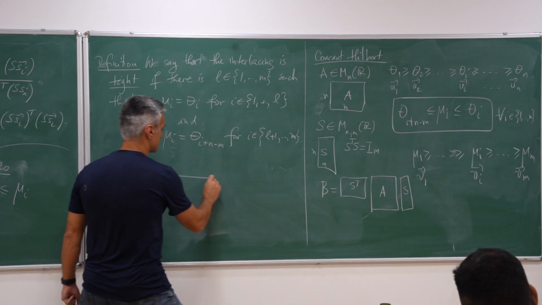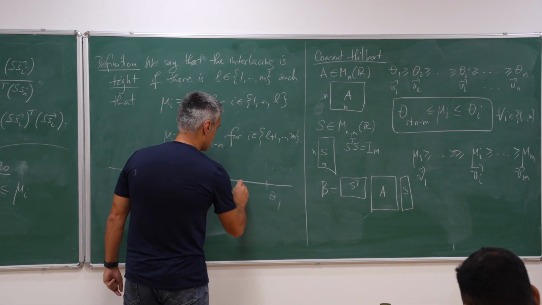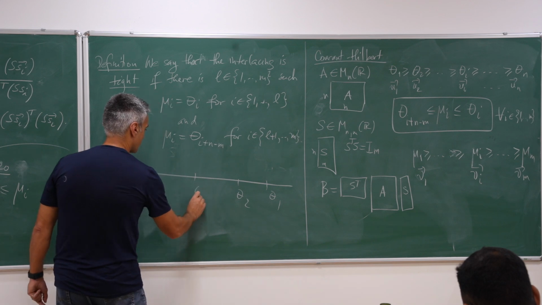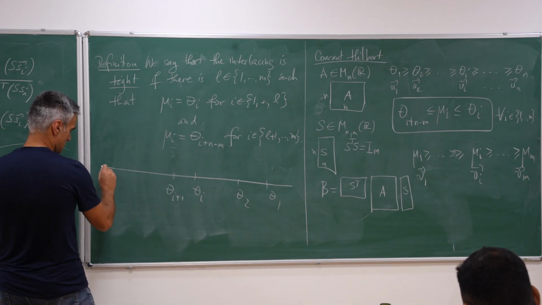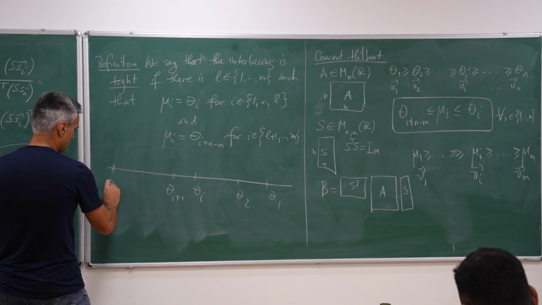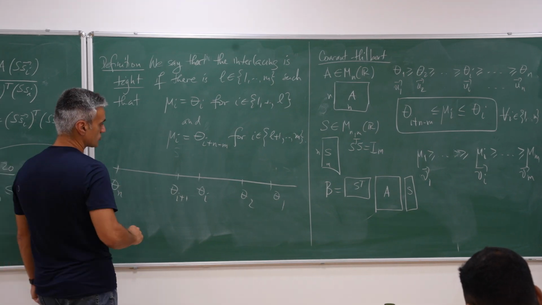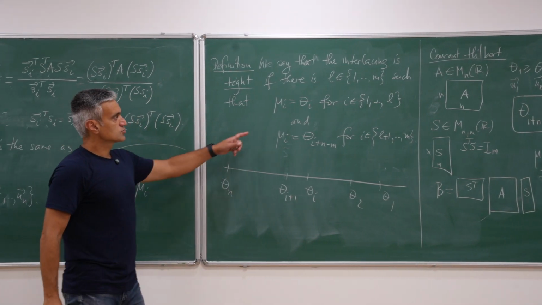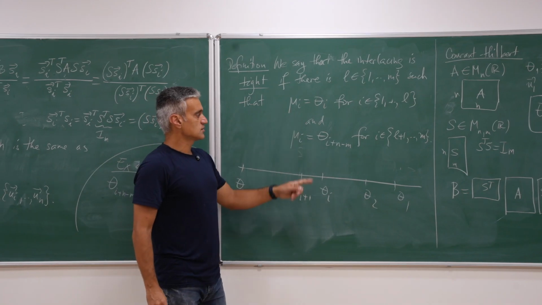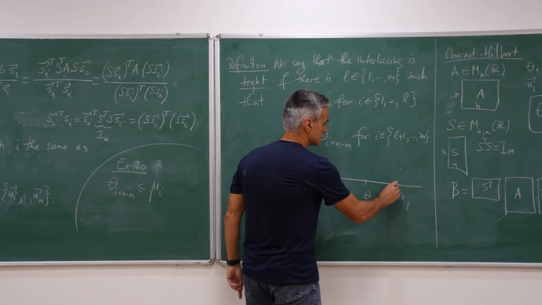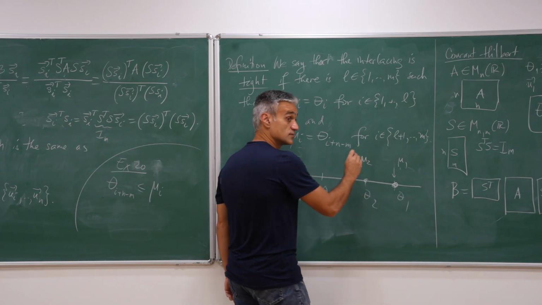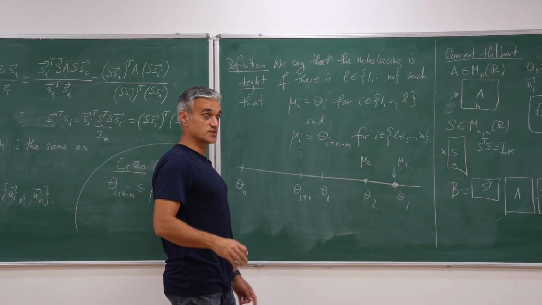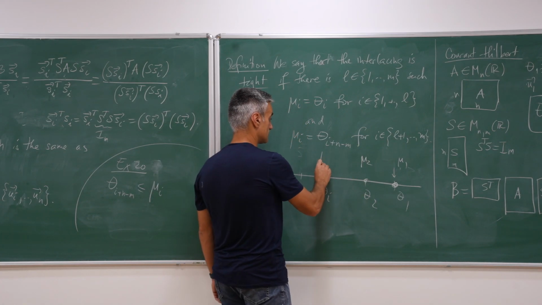So if you had theta 1, theta 2, theta i plus 1, theta n, and so on. So mu i will hit here, mu 1, mu 2 will be so the first mu's will be as large as possible.